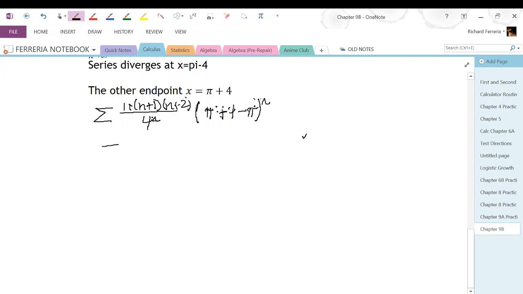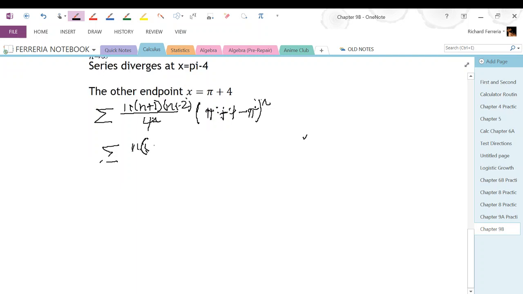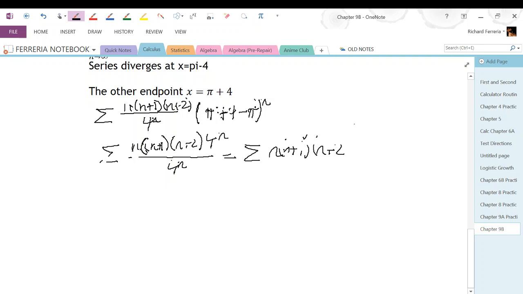Pi plus 4 minus pi. Okay, so that gives us n plus 1, n plus 2, 4 to the n over 4 to the n, and that's equal to the series n plus 1, n plus 2.